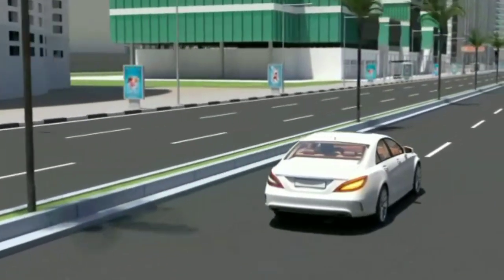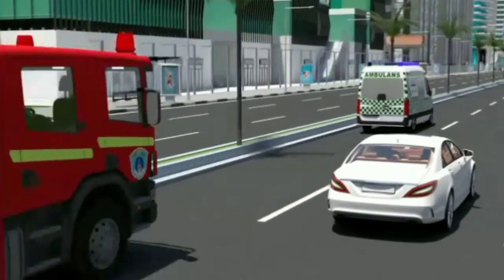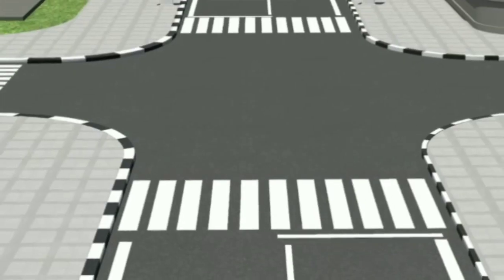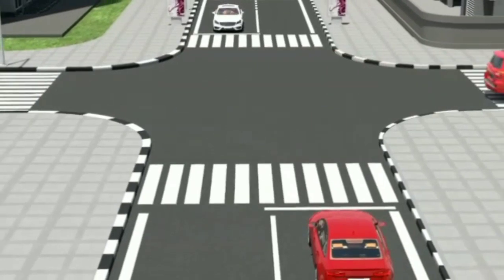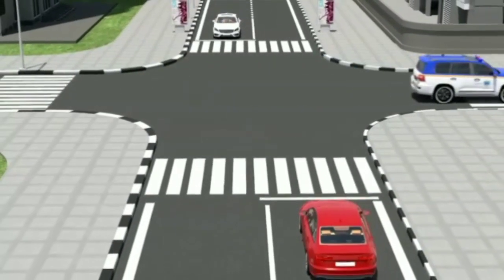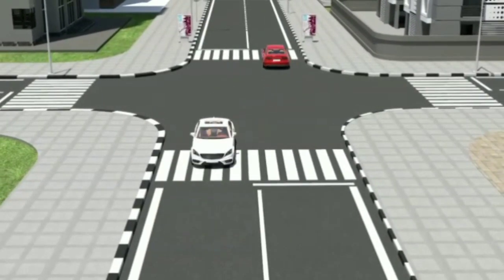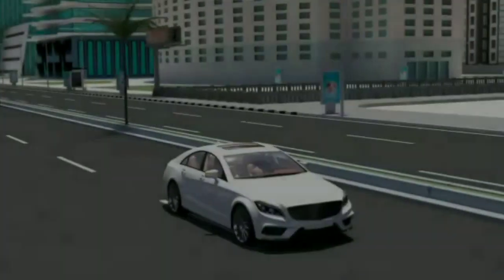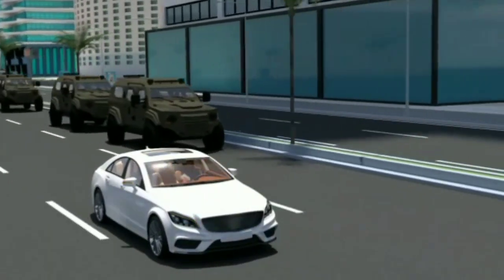Emergency vehicles, civil defense, ambulance, fire trucks. Internal security force and police vehicles that are using sound and light alarm devices. Military vehicles when moving in convoys.